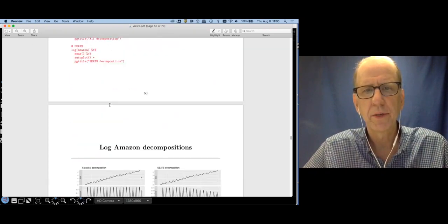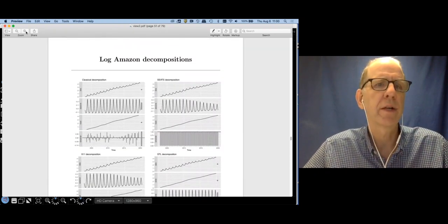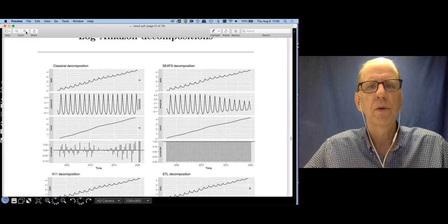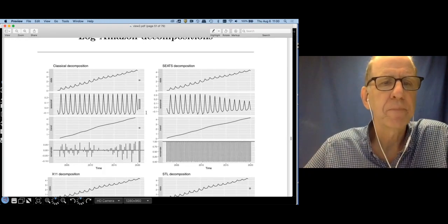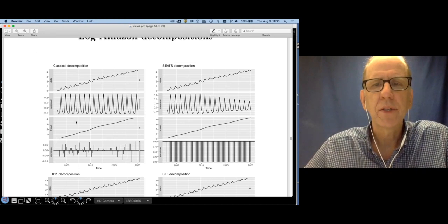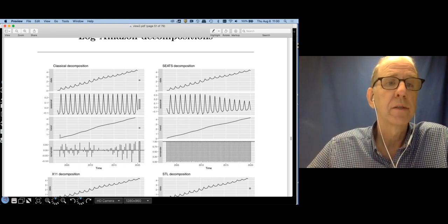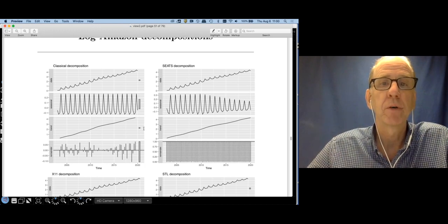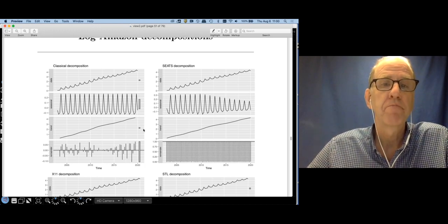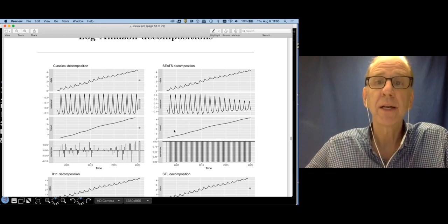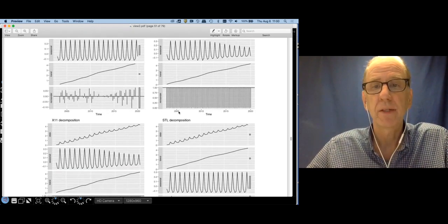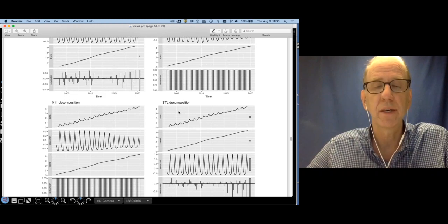You've got my R code here, and we've got the plots on the next page. One thing to note is with the classical decomposition, we are not able to estimate the ends of the data. So those fall off. We lose 2 observations on either end. That's not the case with SEATS, X11, or STL.